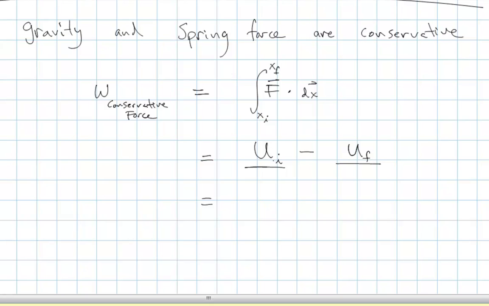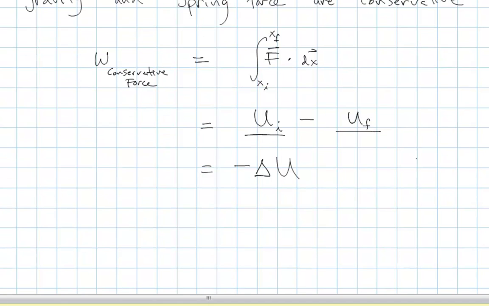Since we always use the term delta to be final minus initial, and this is initial minus final, this is negative delta U.